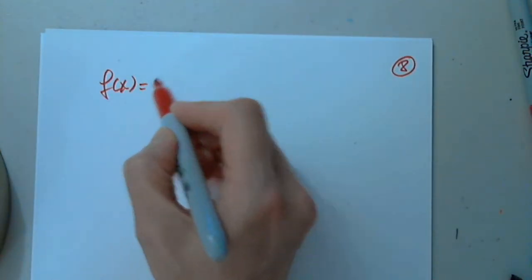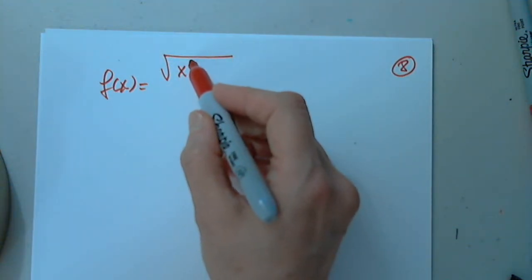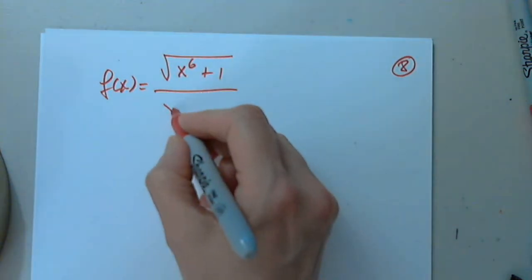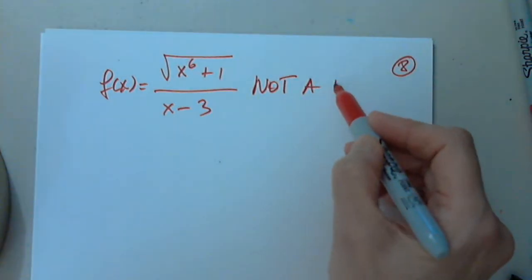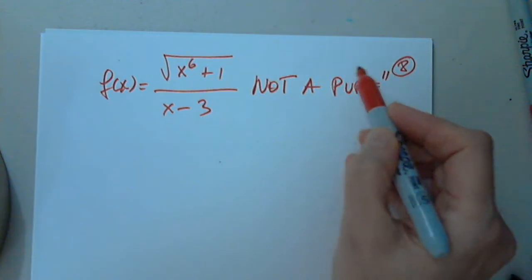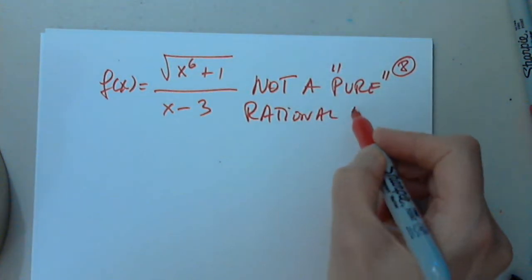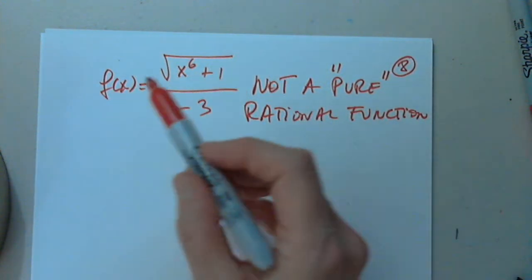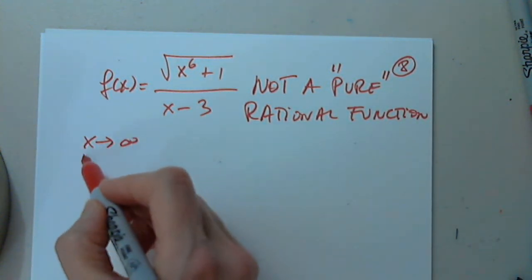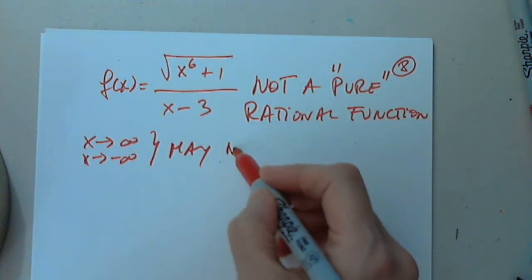So if I have a situation with, let's say, x to the 6 plus 1 over x minus 3, this is not a pure rational function. Limits as x approaches infinity or x approaches negative infinity may not be the same.